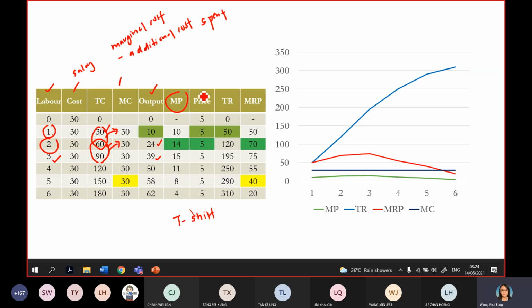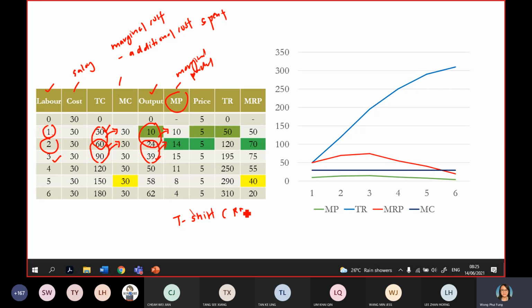Okay, MP is the marginal product, which means the difference between these, 24 minus 10, 39 minus 24. Okay, price means that let's say I sell the t-shirt at 5 ringgit.